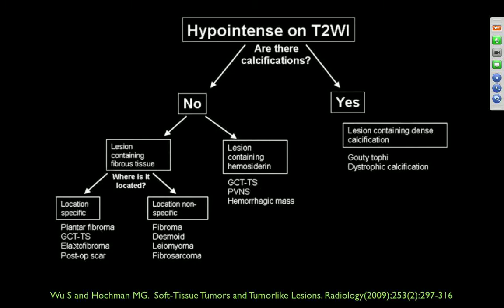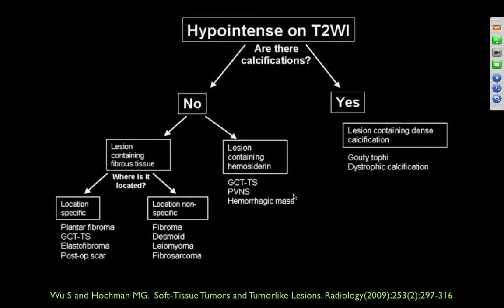Plantar fibroma, giant cell tumors of tendon sheath, elastofibromas, and post-op scar all have characteristic locations, especially if they've had surgery. Ones that are non-specific in areas that wouldn't be typical of these would be the other lesions, such as fibroma, desmoid tumors, leiomyosarcomas, fibrosarcomas, and that category.